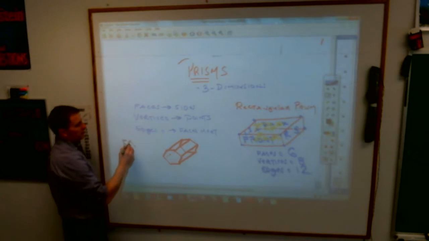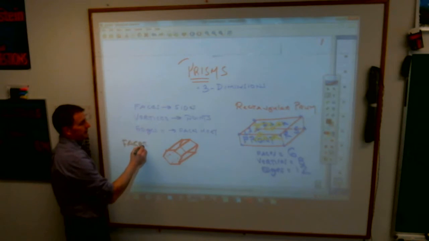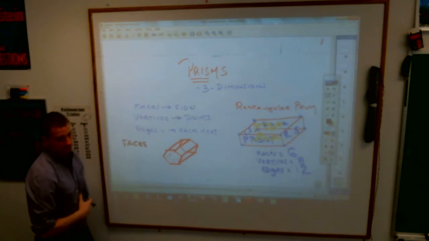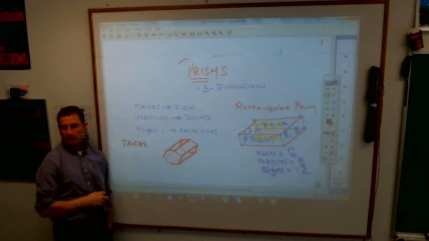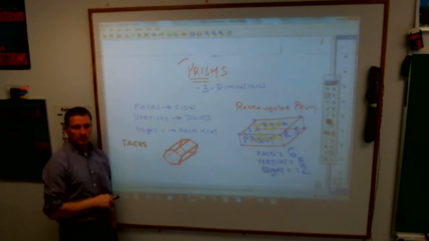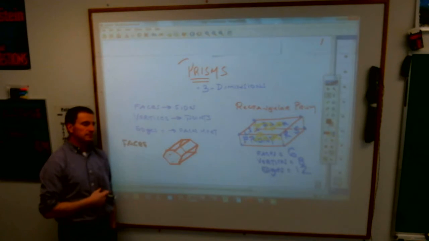What do you count for the number of faces on a hexagonal prism? Have you got a number of faces there? What do you think? Nobody? Connor? 10.